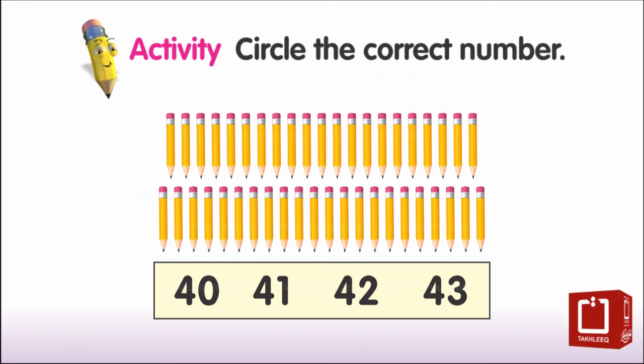These are 43 objects. Now we find out 43 from the given numbers 40, 41, 42 and 43. Yes, this is 43. So we shall circle it.